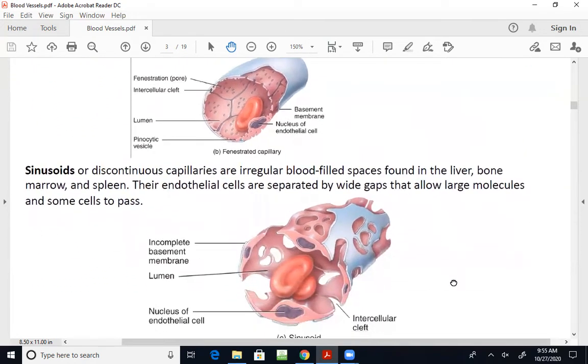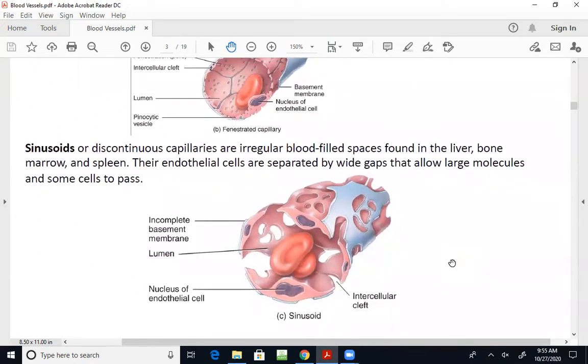The final type, another thing that looks like Swiss cheese here, are capillaries that have just huge gaps in them. We call them sinuses, which is where the term sinusoids comes from, or discontinuous capillaries, which are just irregular blood-filled spaces found only in three major places: our liver, our bone marrow, and our spleen, which are places where we either bring stuff into the blood or remove it from the blood.